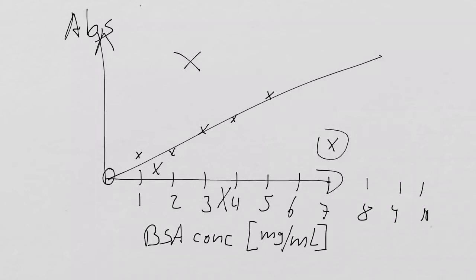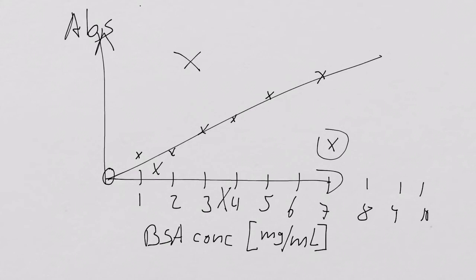But ideally, your points should be on a line, more or less. The better your experimental skills, the closer these dots on the line. Okay, happy with that? So this is your standard curve.